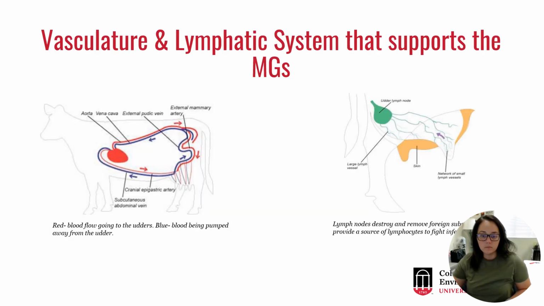Okay, so this is really just something that I felt a little important to include so we can kind of understand the mammary glands and how they actually work, and not necessarily how the milk is synthesized and secreted, but just the importance of mammary gland function. So, as I had mentioned before, the mammary glands are heavily supported by blood vessels, arteries, and so it's important that the udders have good blood flow.